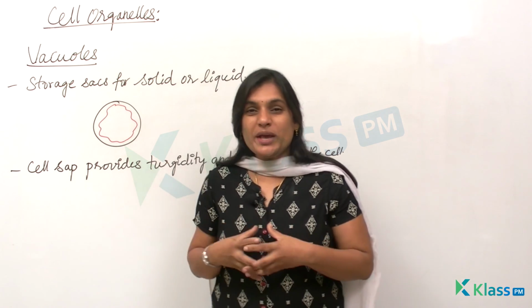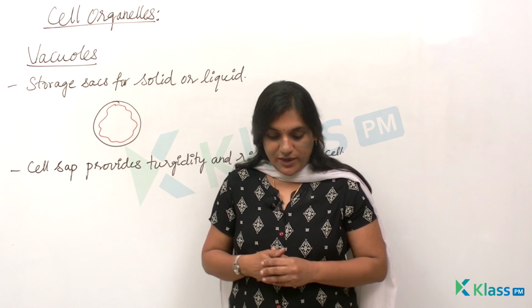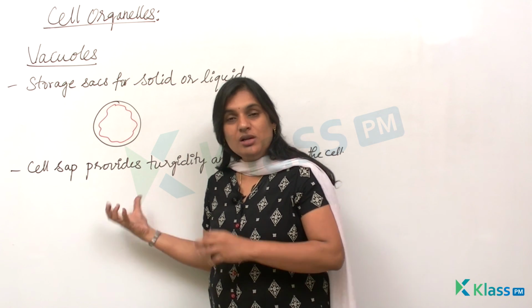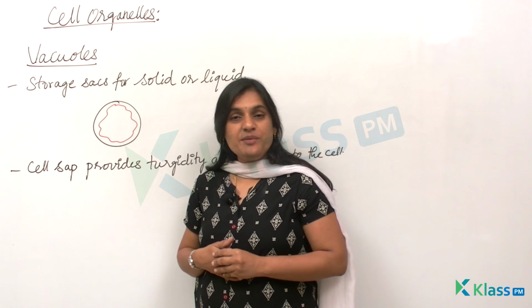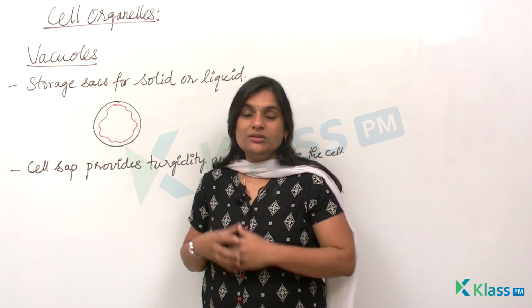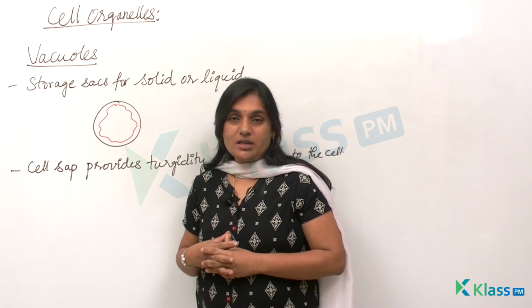That means some waste from the cell is given out through the vacuoles, so they also play an important role in expelling excess water and waste. So this is about the vacuoles and the cell organelles of a cell.